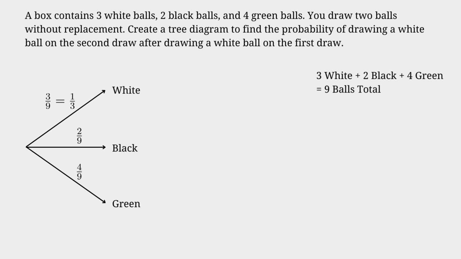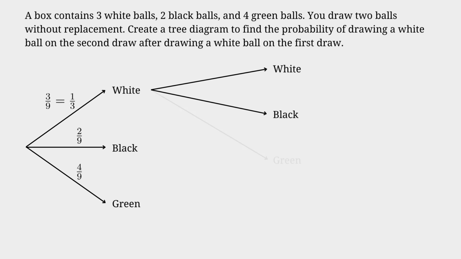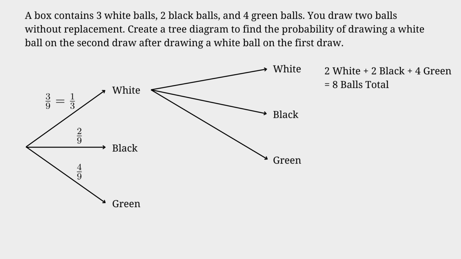The path that we are interested in is drawing a white ball at first and then drawing a white ball again the second time. So I'm just going to do this part of the tree diagram. The different paths you can take after drawing a white ball are still drawing a white ball, black ball, or green ball, like so. Remember, because we are not replacing the balls drawn, our total is going to be 8, or you can say 9 minus 1.